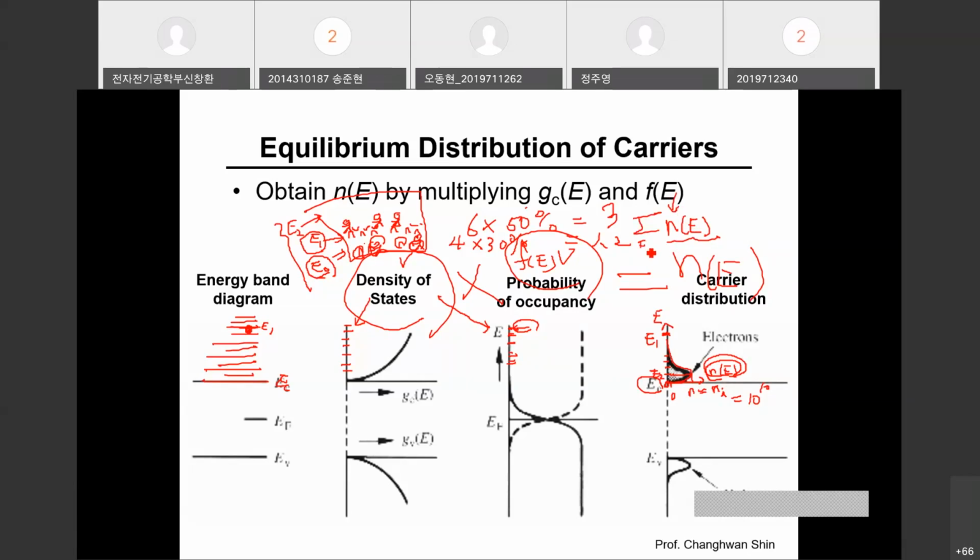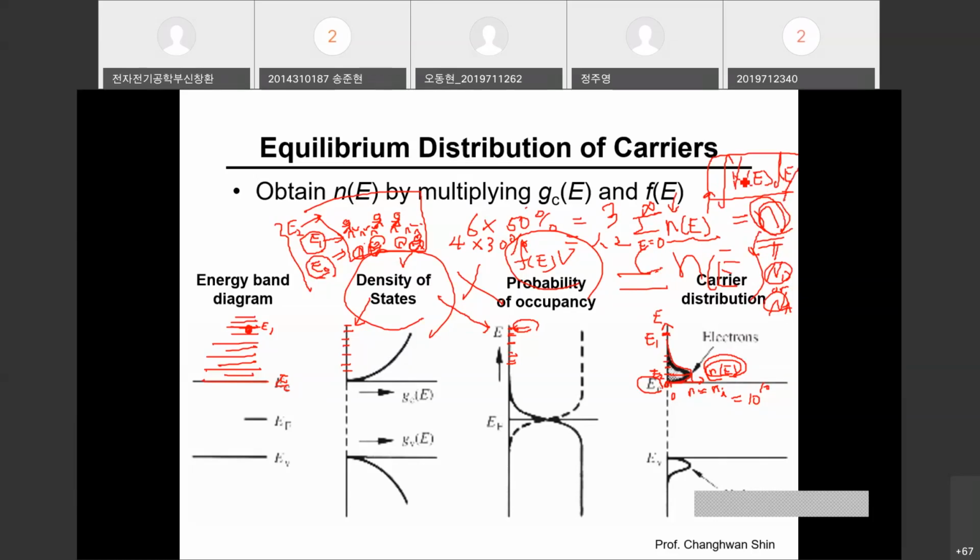So from energy 0 to infinity, the integration of n(E) with respect to energy is equal to the total electron concentration N. In the last couple of weeks we have learned that this total electron concentration is governed and controlled by donor concentration or acceptor concentration, and it turned out that the total electron concentration N is well controlled by the dopants.